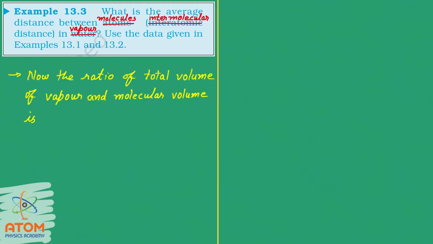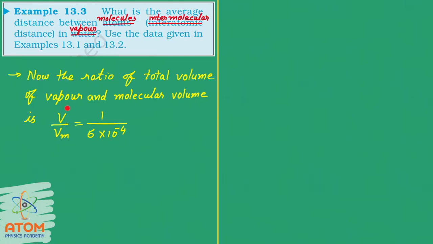Now the ratio of total volume of vapor and molecular volume can be written as V upon Vm, and this V upon Vm from example 13.1 can be written as 1 upon 6 into 10 raised to minus 4. If you remember, in example 13.1 we found Vm upon V, which was 6 into 10 raised to minus 4.